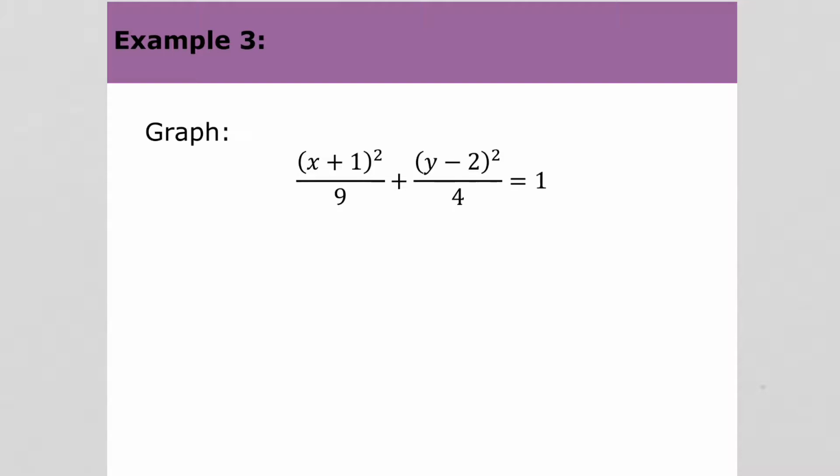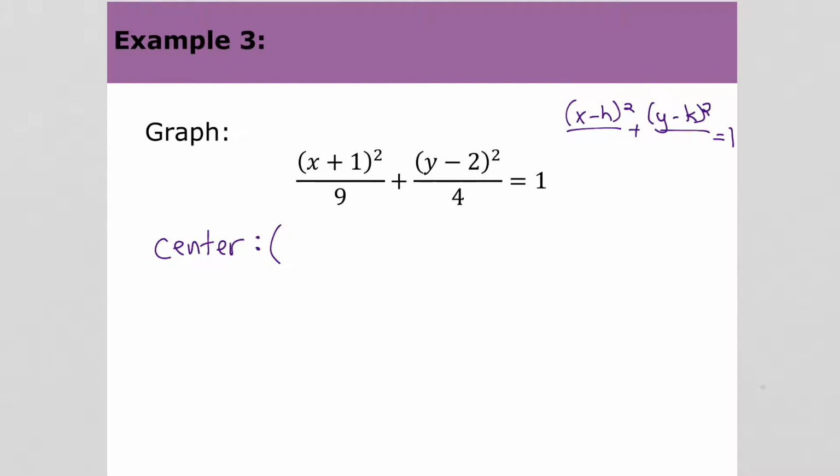So, example 3 says to graph this equation. The first thing we want to do is pick out the center. The center is (h, k). So let's write down our general equation here: (x minus h) squared over a squared plus (y minus k) squared over b squared equals 1.